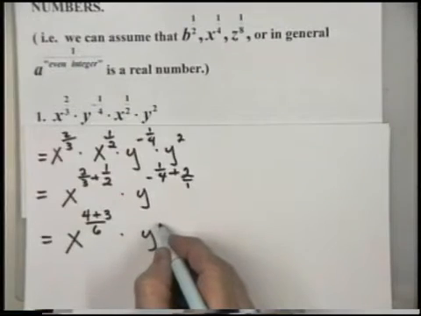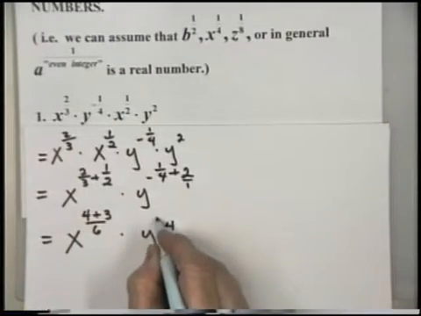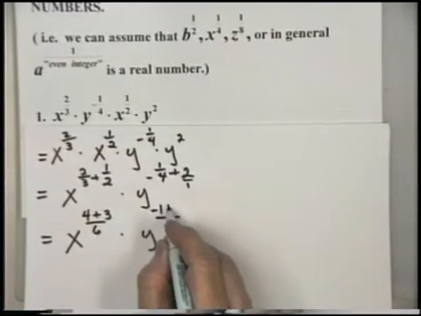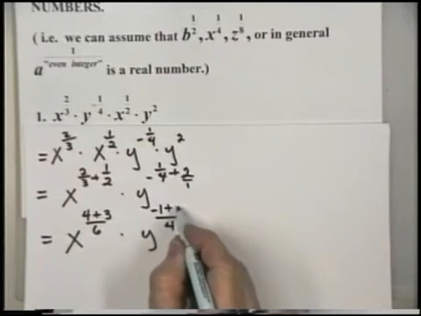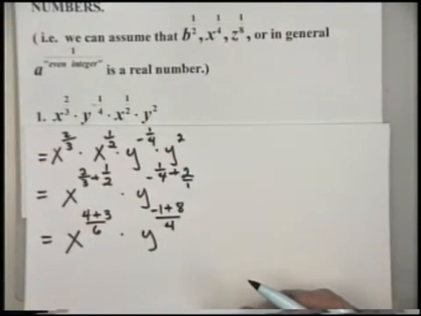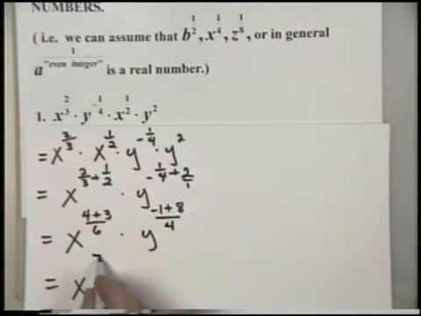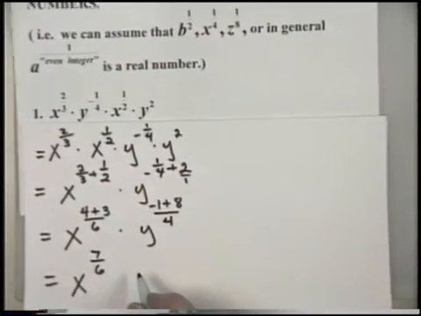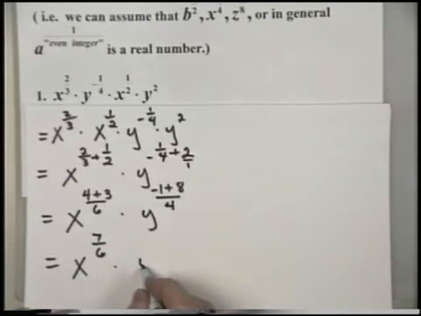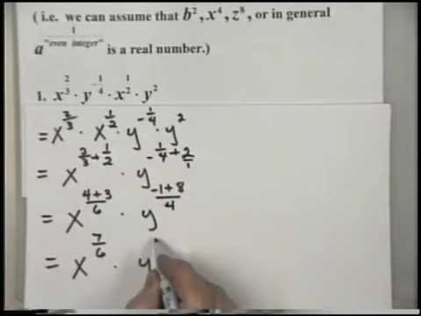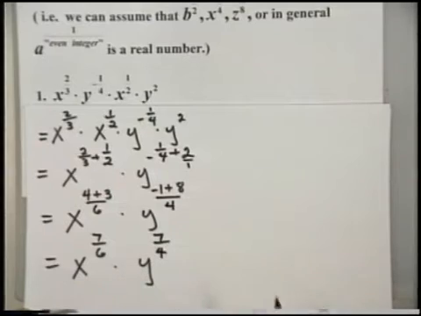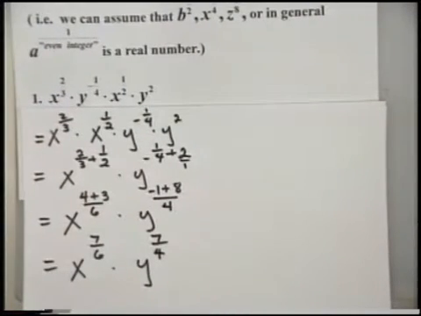You might want to call this 2 over 1. And the common denominator would be 4. So that'd be negative 1 plus 8 all over 4. Or this is x to the 7/6 times y to the 7/4.